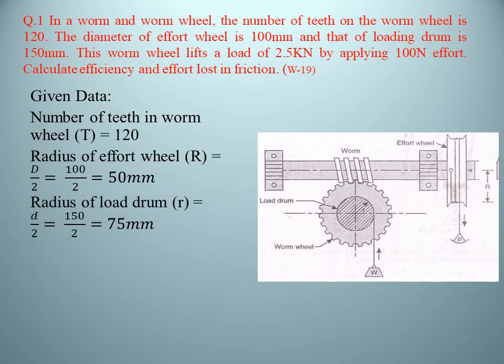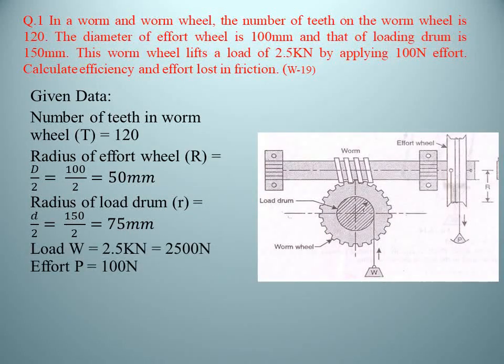Then they have also given the radius of the load drum, small r. They give the loading drum diameter as 150 mm, but we want the radius, and it is equal to small d divided by 2, that is 150 divided by 2, and it is equal to 75 mm.